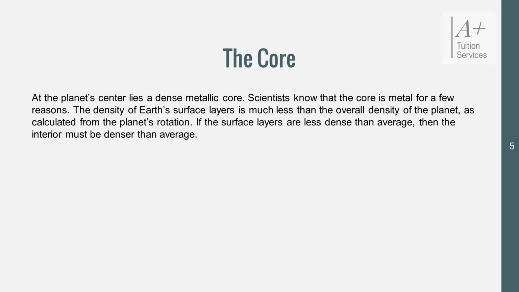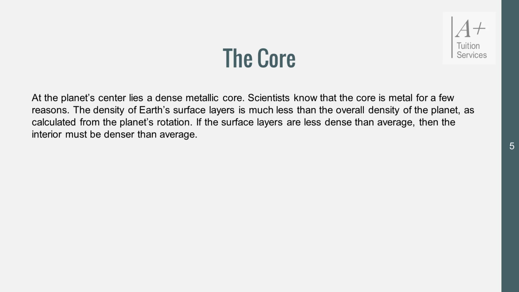Now we move on to that part of the structure of the earth known as the core. And the core consists of the inner and the outer core. At the planet's center lies a dense metallic core. Scientists know that the core is a metal for a few reasons. The density of the Earth's surface layers is much less than the overall density of the planet, as calculated from the planet's rotation.